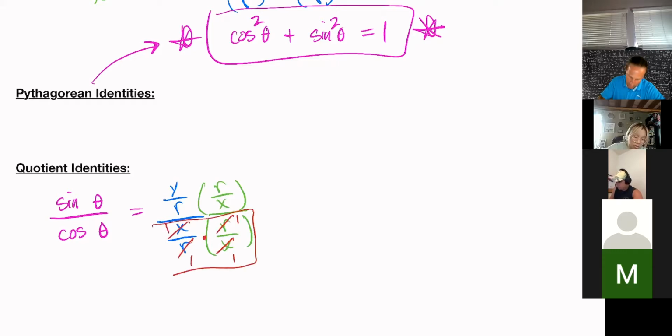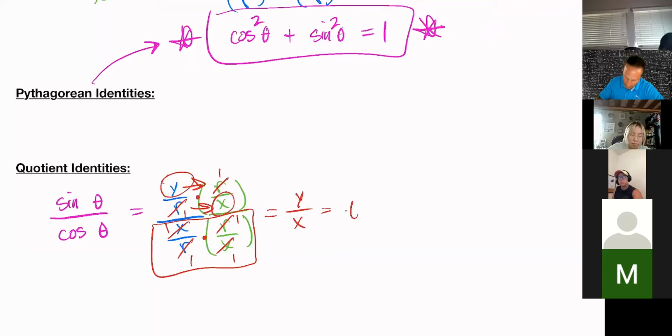So now I can forget about this whole denominator because it's all dividing by 1 now. I can concentrate on the top and what happens to the top. The r's also cancel. And we're left with what? Y and X. And what is y over x equivalent to?